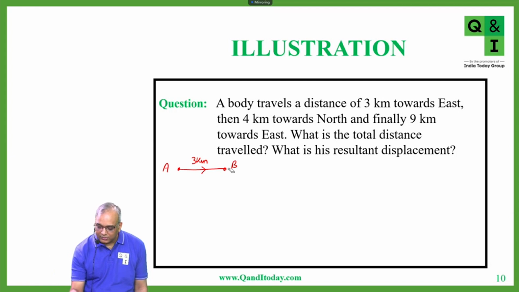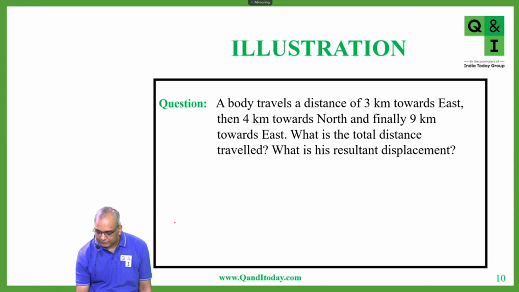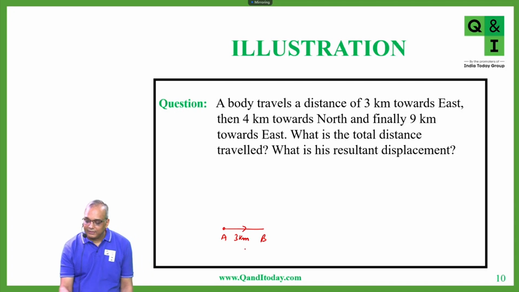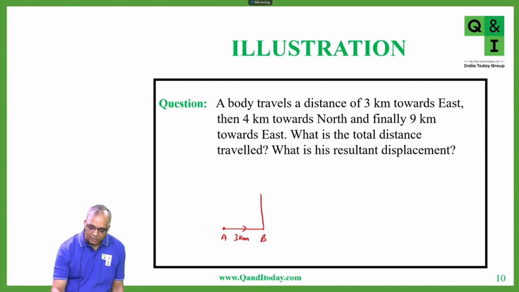Okay. So I'll just make another diagram. I'll draw it here. So body goes 3 kilometers towards east from A to B. And then 4 kilometers towards north.